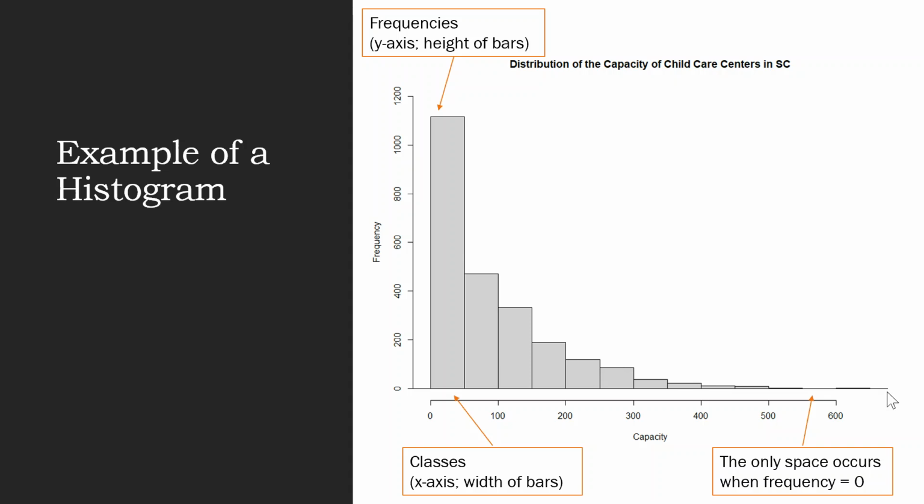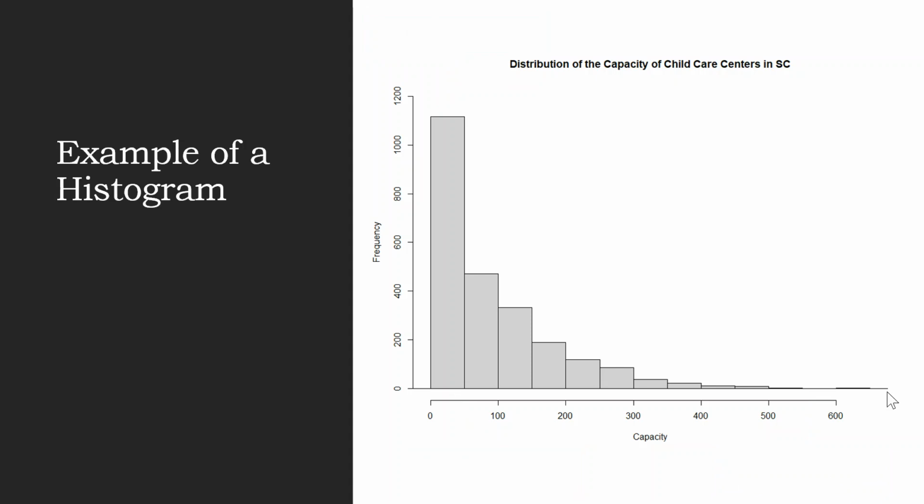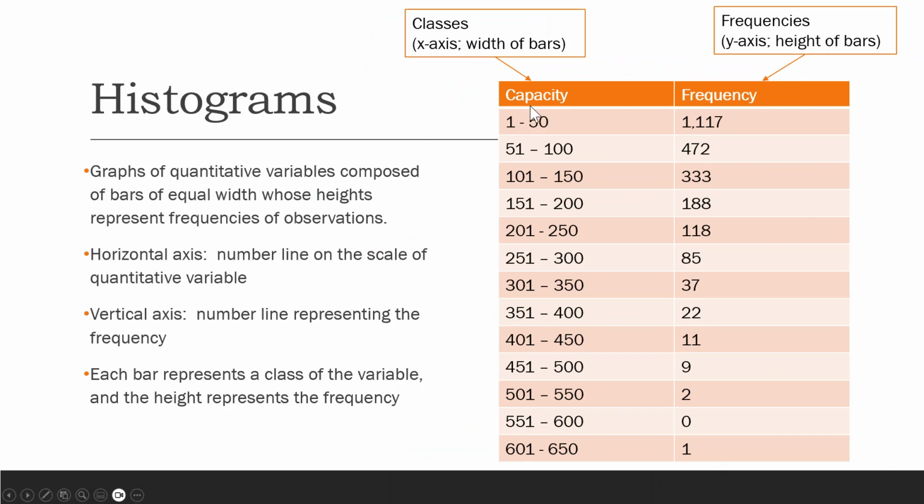We're probably never going to create these by hand. Most of our histograms are going to be created using computer technology. One thing about computer technology is that it is going to also create the classes of equal width. And so if you go in one statistical software, your histogram may look slightly different from when you go to another statistical program, because they use their own methods in creating these classes of equal width.